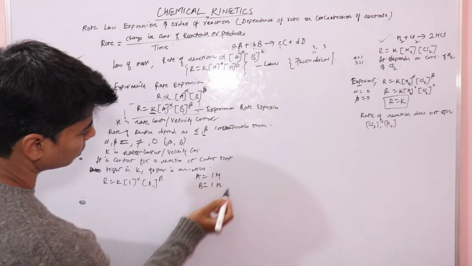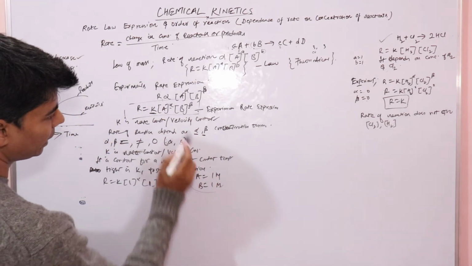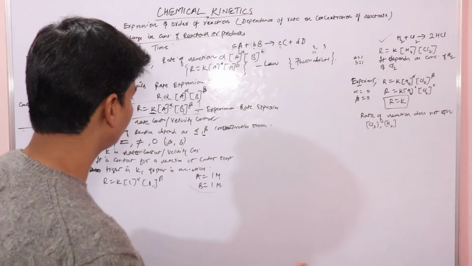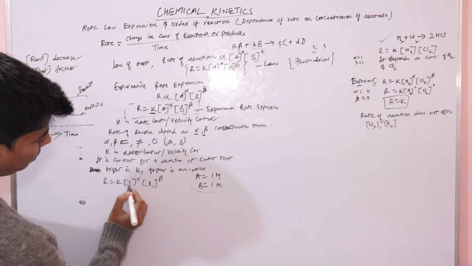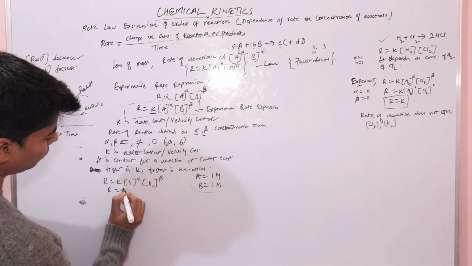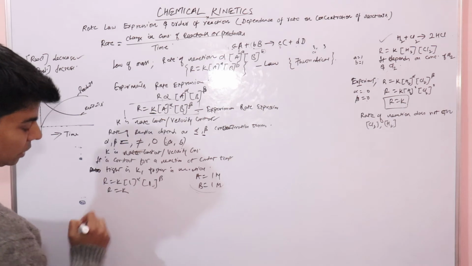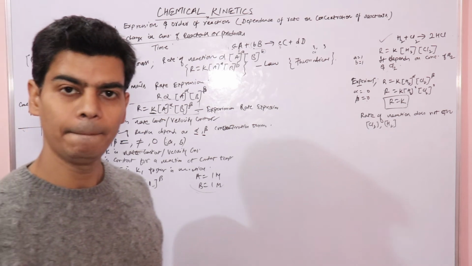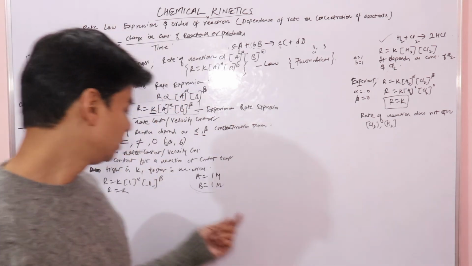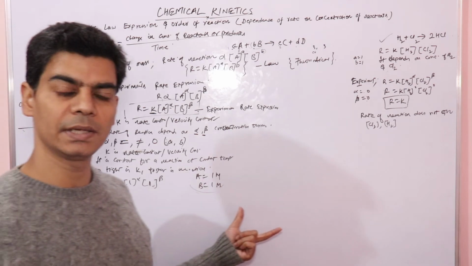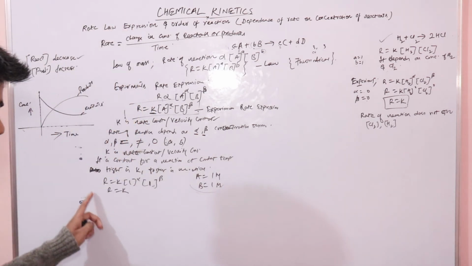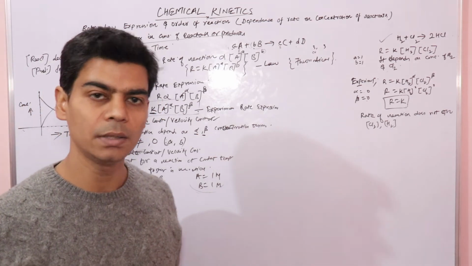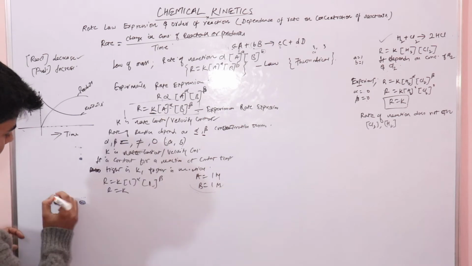If I put this condition in this expression, I take unit concentration of A and B, that is 1 molar concentration of A and B, then this R would be equal to K, that is velocity constant or rate constant, which is the rate of reaction when the concentration of reactants is taken as unity, right? That is why we also call it specific reaction rate, because we have specified the concentration to be unity, right?